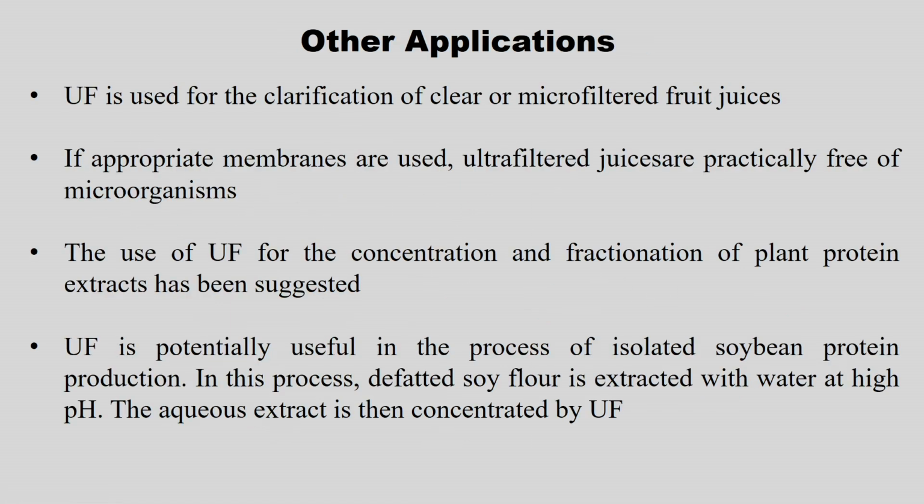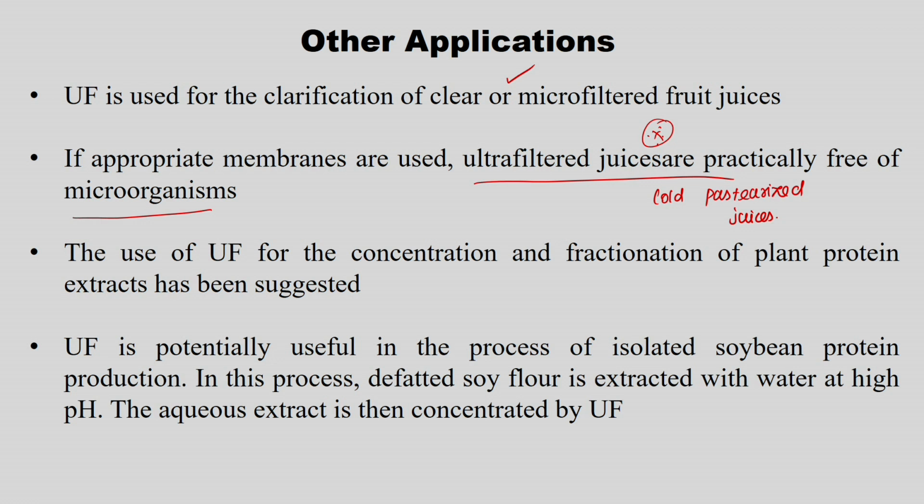The other applications of ultrafiltration include clarification of clear or microfiltered fruit juices, and also, if appropriate membranes are used, these ultrafiltered juices are practically free of microorganisms. So, this is very important. We call this cold pasteurization or cold sterilization. Based on the microbial load we can produce cold pasteurized juices.